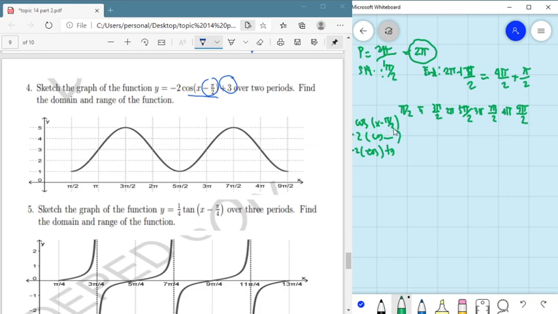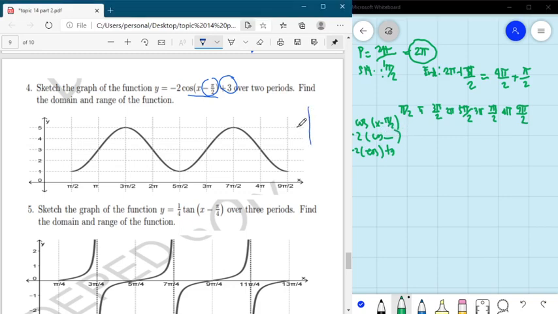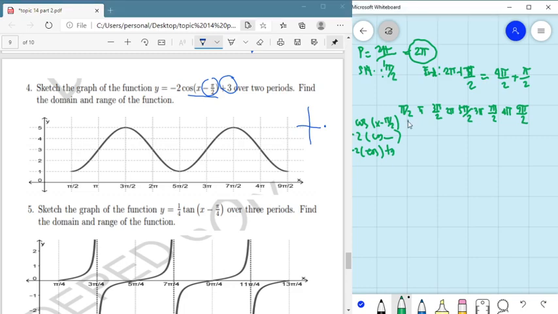So, cosine of 0 is 1. And then, times negative 2, so negative 2. Then plus 3 is 1. So, at pi over 2, the value is 1.